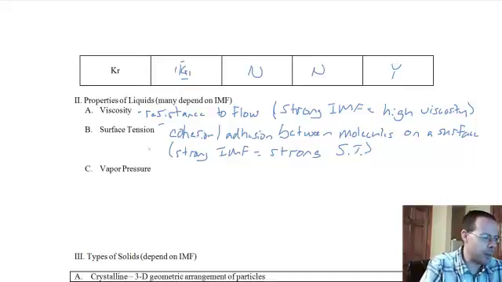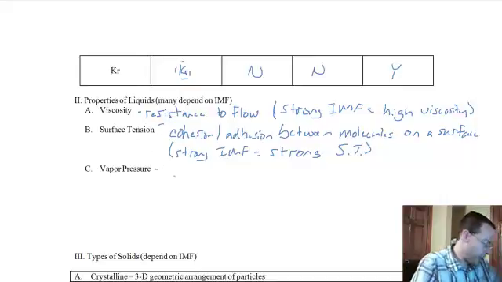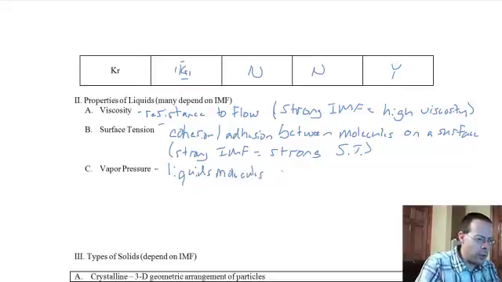Our last thing is vapor pressure. Alright, and vapor pressure has to do with liquid molecules with greater average kinetic energy.